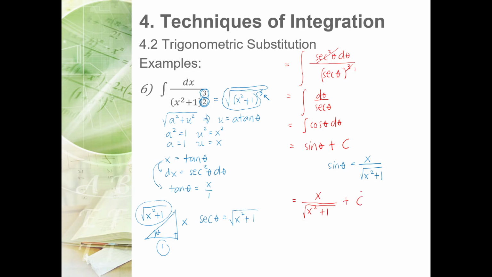So again, since there is a radical expression in the denominator, we need to simplify this through rationalization. So the final answer would be x times the square root of x squared plus 1 all over x squared plus 1 plus c. So this would be the final answer.